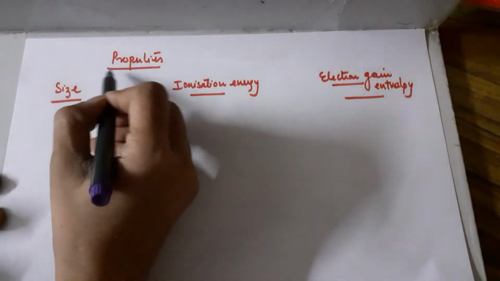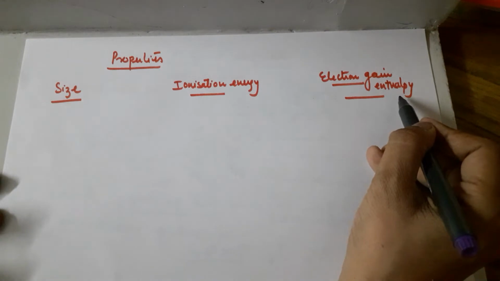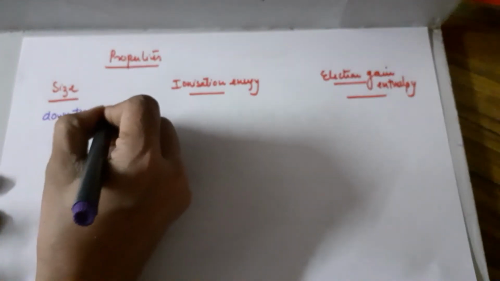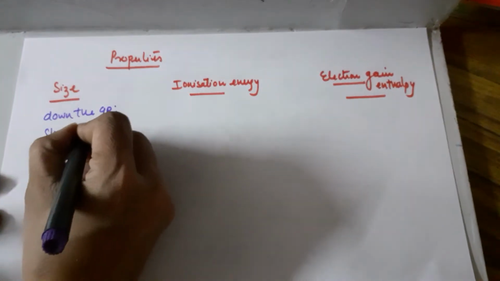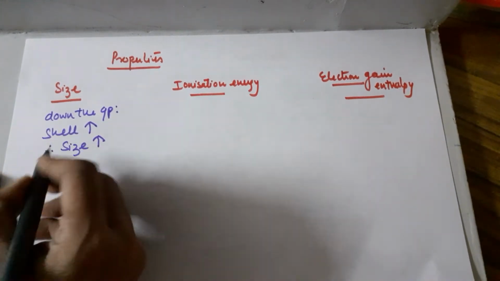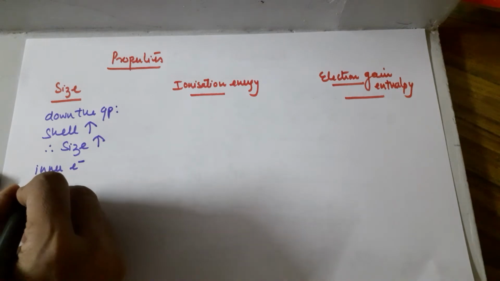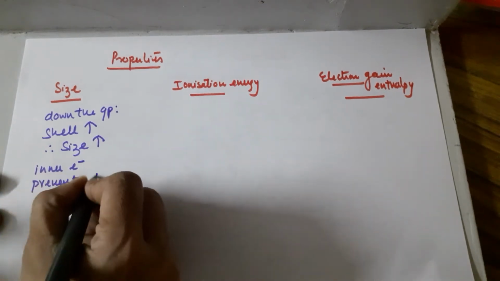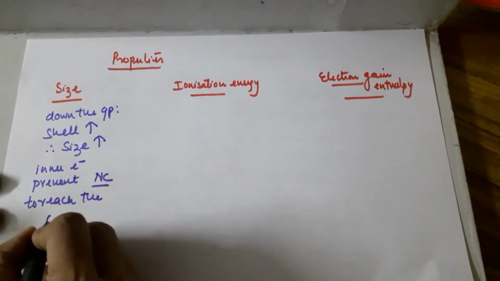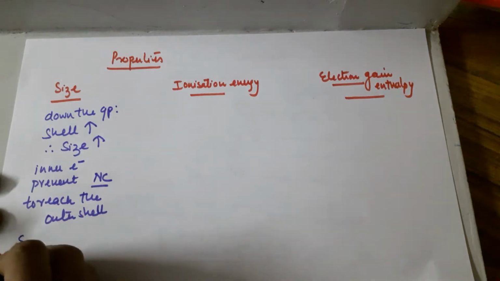Sorry for the delay. Now, the properties when we talk about size, ionization energy and electron gain enthalpy, then in that case, as you know, as we move down the group, the number of shells is increasing, therefore size would increase, also because the inner electrons prevent nuclear charge to reach the outer shells, which is called your shielding effect.